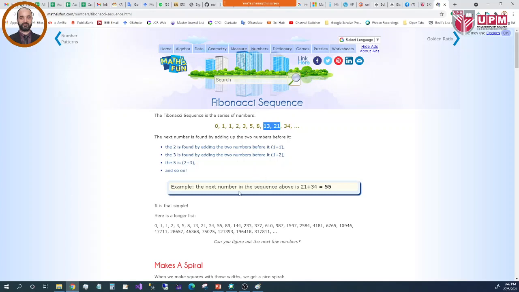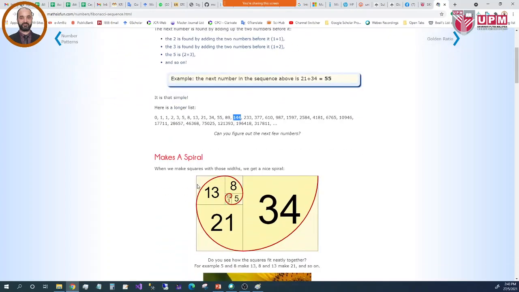Okay, is that clear? Very simple, guys. So the next item after 34 is supposed to be 21 plus 34, which is 55. Then after that, it's supposed to be 89, and so on. As you can see, 55, 89, 144, and so on. It makes a spiral.